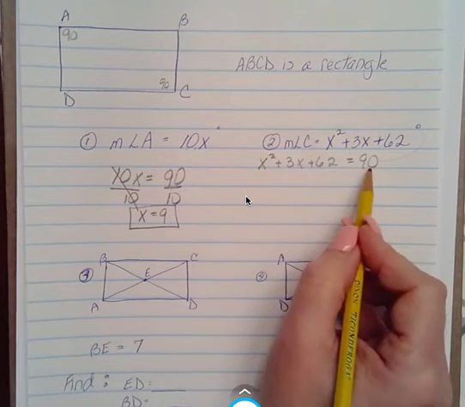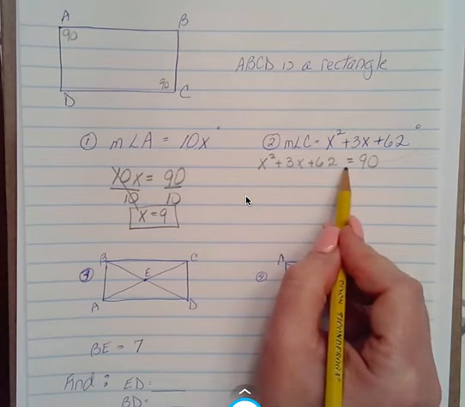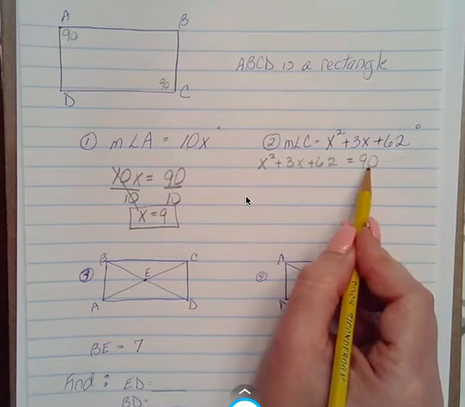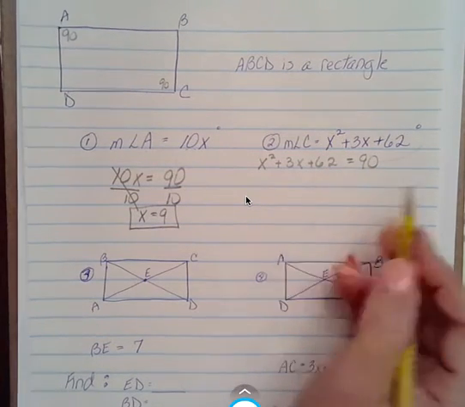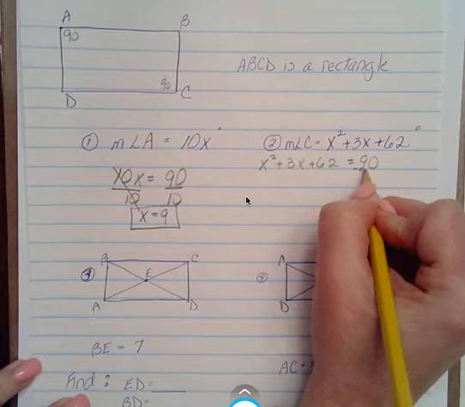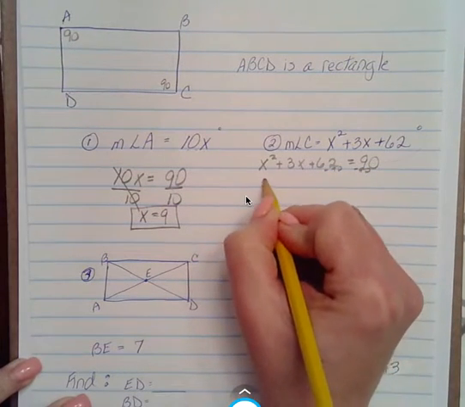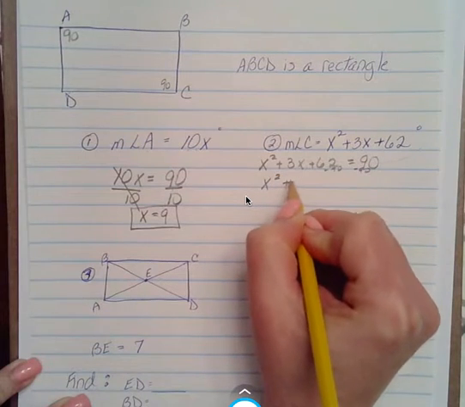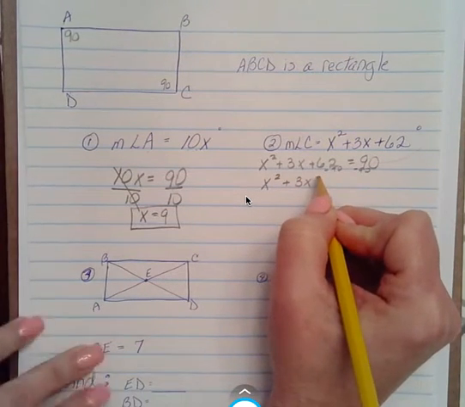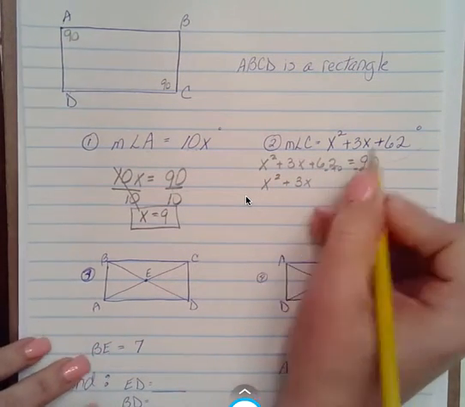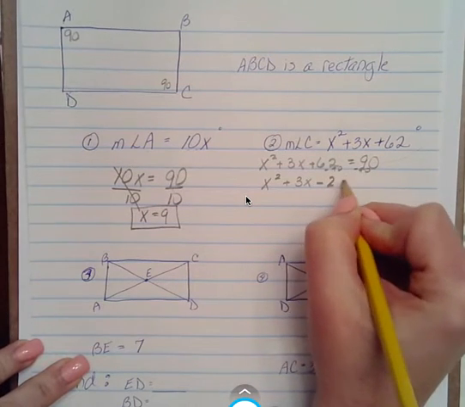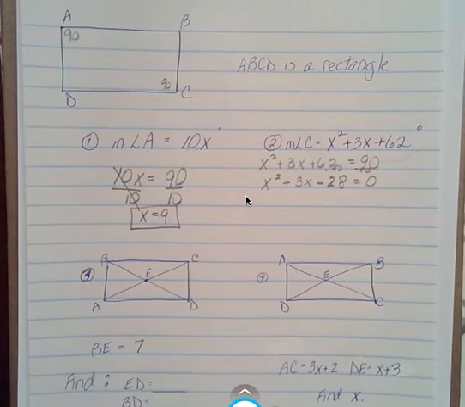If I have to factor, then the whole thing has to be equal to 0. So I am going to subtract 90 over to the other side. I'm going to squeeze it in really tiny here so that I don't use a whole line. x squared plus 3x, 62 minus 90, I put it in my calculator, minus 28 is equal to 0.